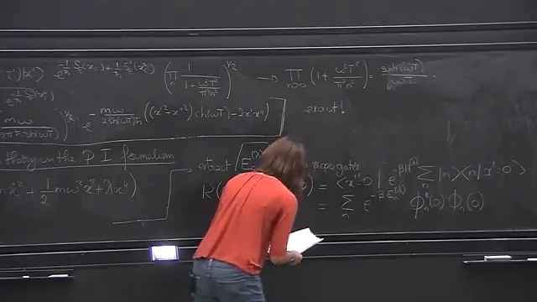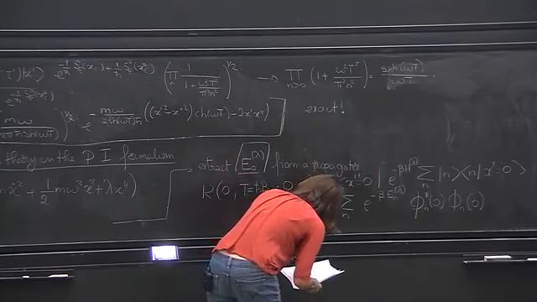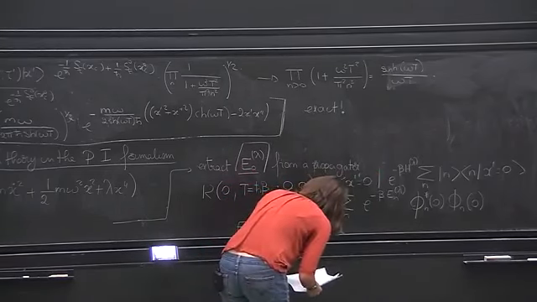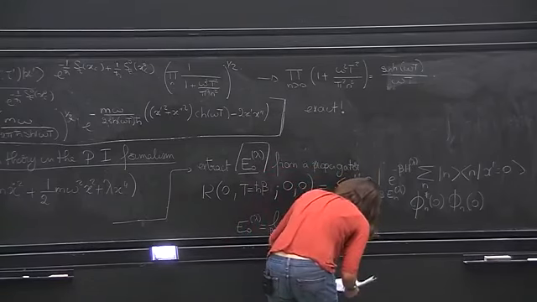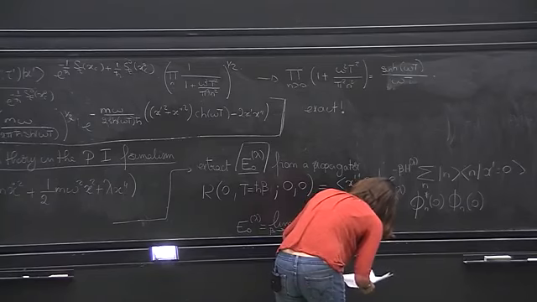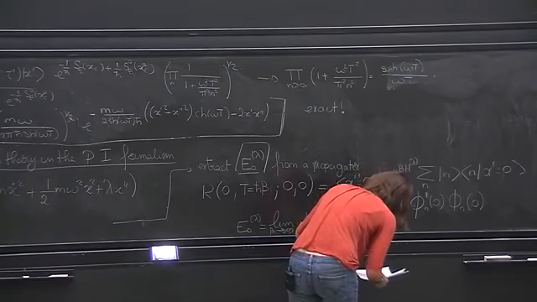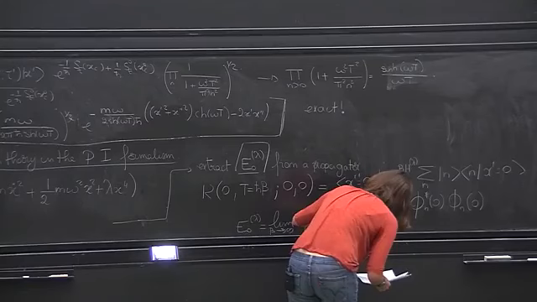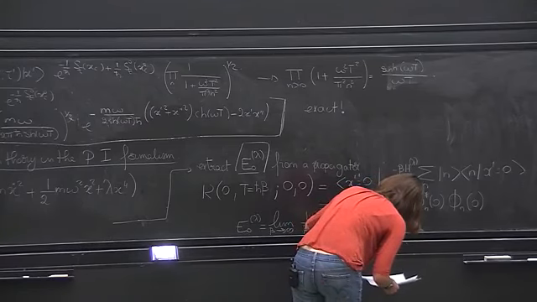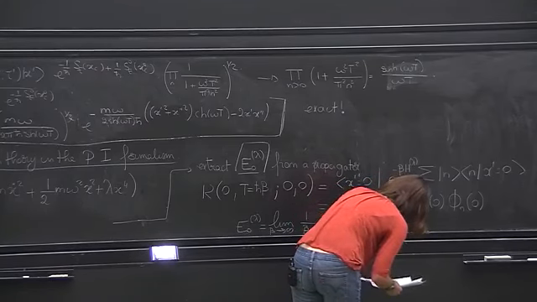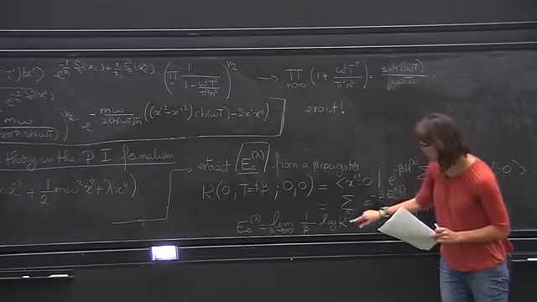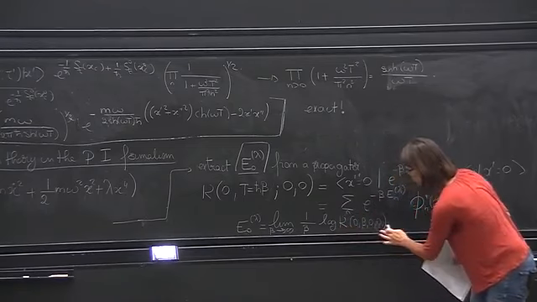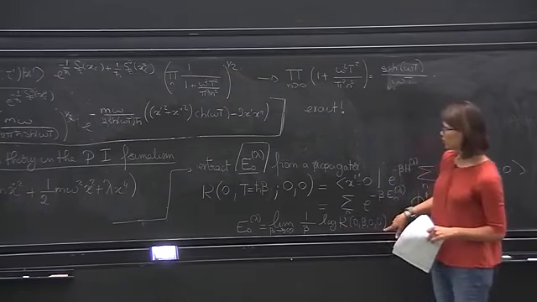So this means that E0 will be obtained when you take the limit beta goes to infinity of 1 over beta, and then we're going to take the log of this. And to get this, we're going to compute it as an expansion in terms of lambda, okay?